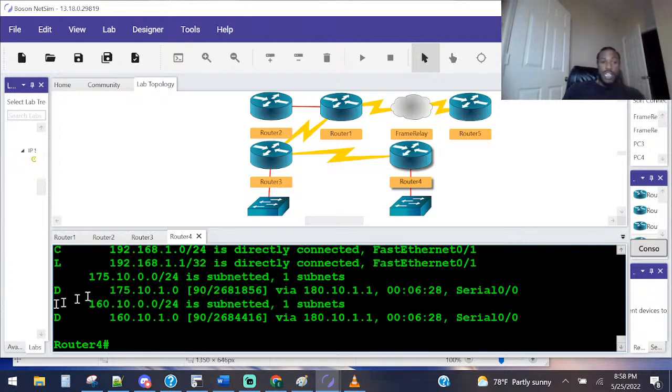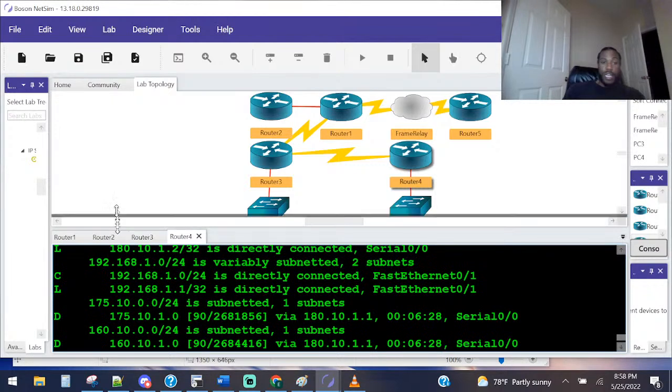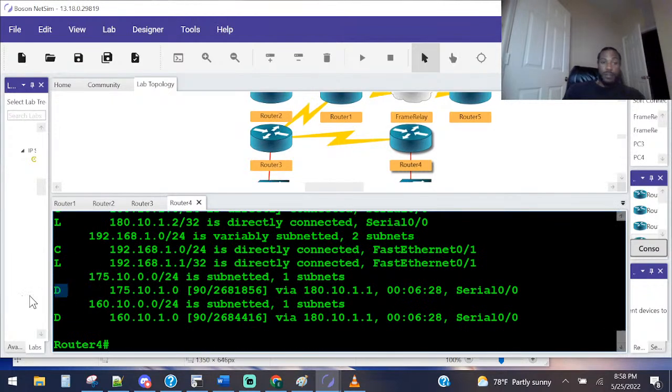And we'll see all the EIGRP routes are indicated by these Ds here. And this is the AD, or administrative distance. By default, EIGRP is 90. This right here would be the metric. So that was pretty much it right there.